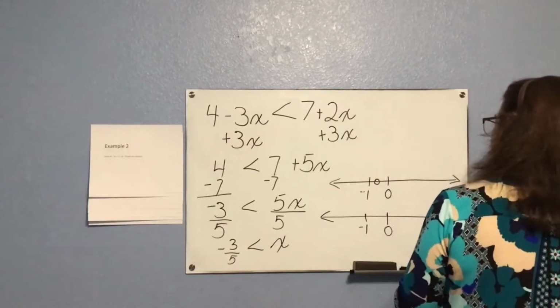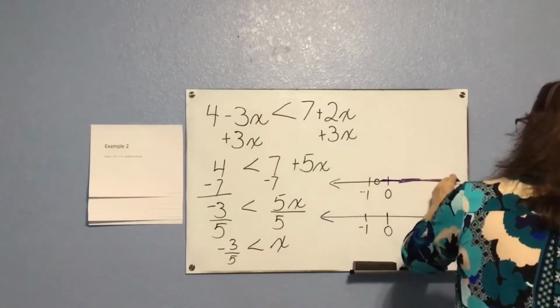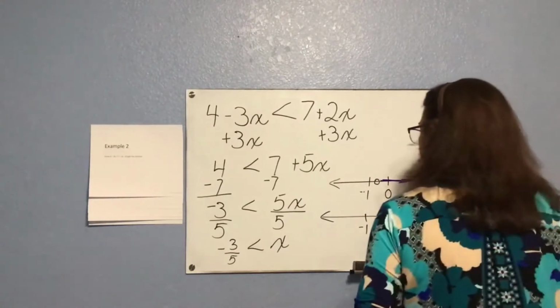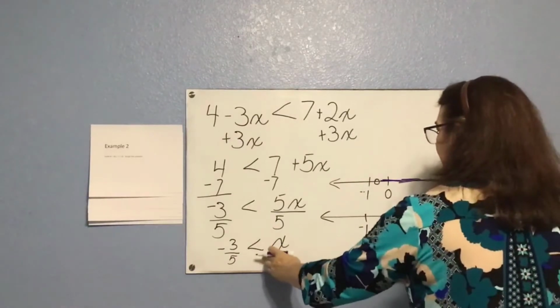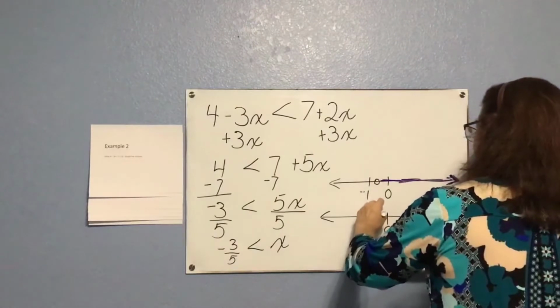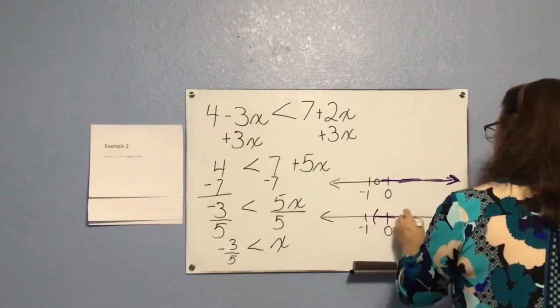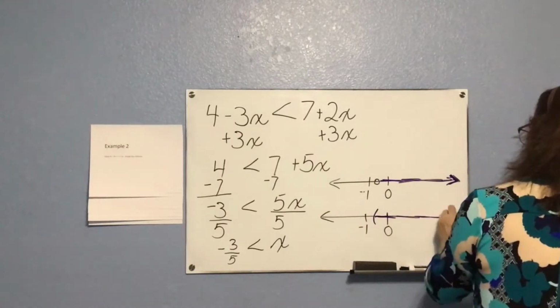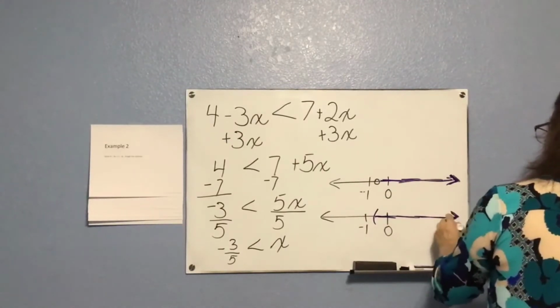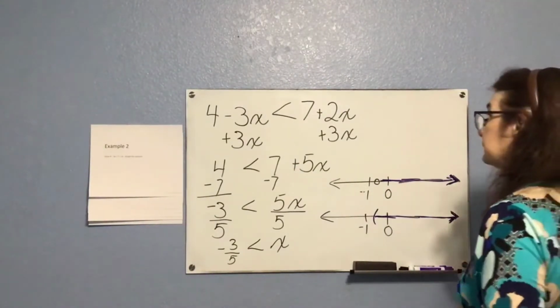So we're going to shade to the right. To use parentheses, because again, I don't have the equal bar, I would use parentheses instead of a bracket. I just replace that open circle with the left side of parentheses and again, shade this direction. So either way is fine with me to show your answer. Pause the video and work on checkpoint number 3.